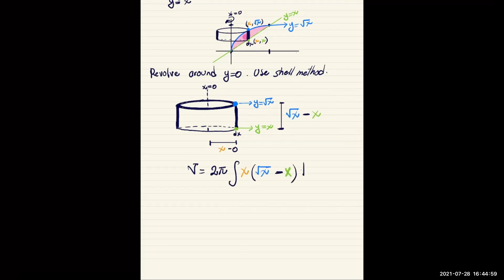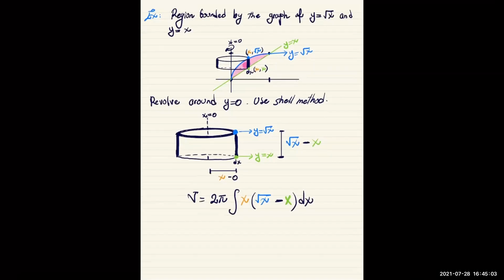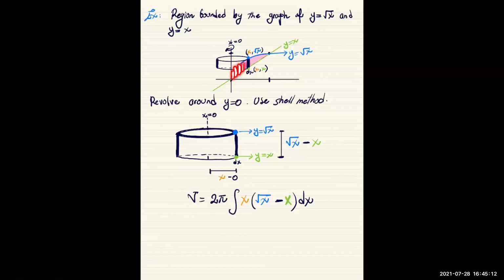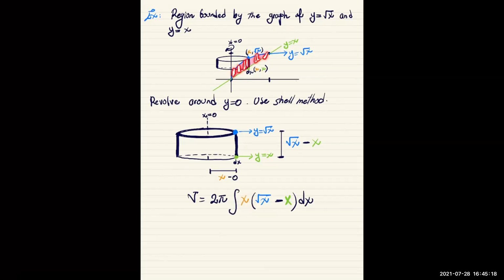And it's integration with respect to x. And well, the Riemann sum goes from 0 to 1. These vertical strips begin at 0 and they go up to 1. My x here varies from 0 to 1. Those are the limits of integration. That's it. That's a volume integral.